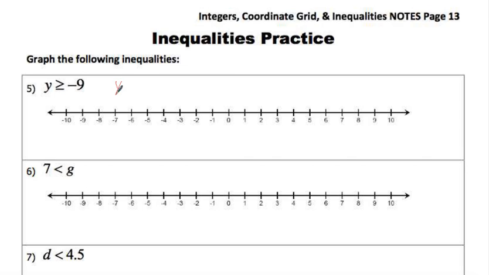It says y is greater than, remember it has half the equal sign, so we're going to say or equal to -9. And I want you writing this so that you get practice reading it. So it says y is greater than or equal to -9.